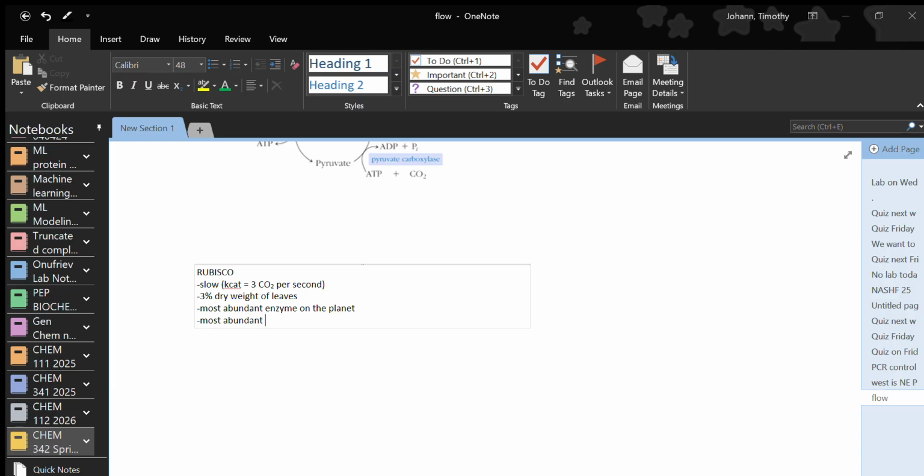Proteins do structural things as well. Okay, it's not very specific when we think about enzymes. We think about enzymes having one substrate, right? Well, it can actually use carbon dioxide or oxygen as a substrate.